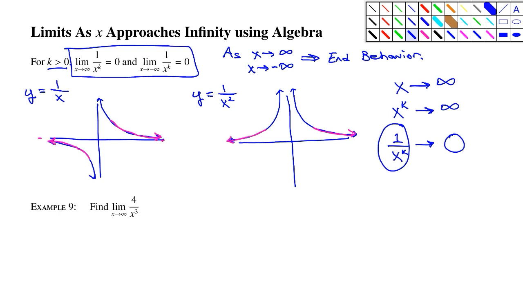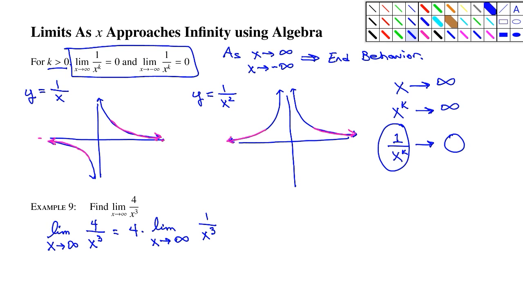Example number 9. Find the limit as x goes to infinity of 4 over x cubed. There's a rule that says if you have a multiplier number, like this 4 here, you can bring it out to the front and multiply it by the value of the limit. So I'm going to pull that 4 out, and this is going to be 4 times the limit as x goes to infinity of 1 over x cubed.